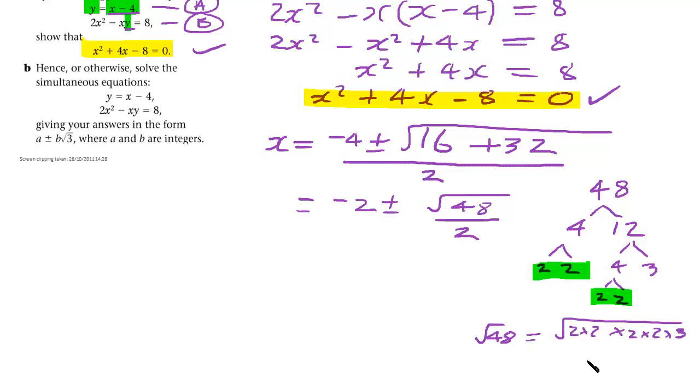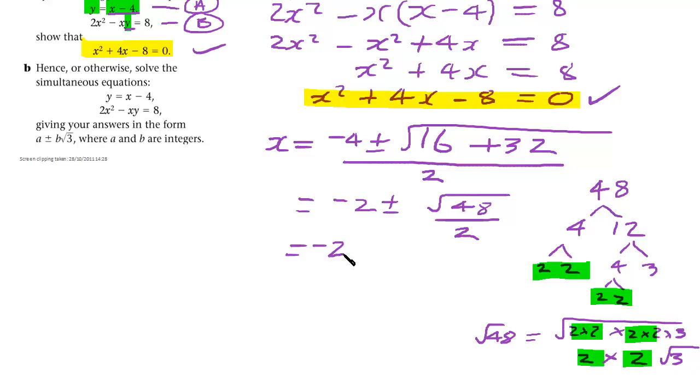And these pairs of values end up getting square rooted. 4 square rooted is 2, so that pair becomes 2, and that pair becomes 2, and that 3 can't be square rooted. So you get 2 times 2 times root 3, which gives you 4 root 3.